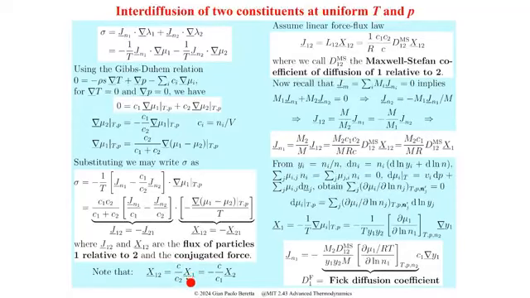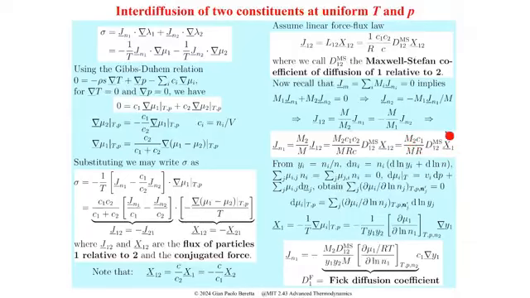X1 is just a gradient in chemical potential of substance 1. So it's this one, minus 1 over T times the gradient of mu1, and that's x1. But you could also define an x2, and these are all related to x12. So by substituting and expressing these in terms of the flux of particles 1 as proportional to the gradient in chemical potential of that particle, you can rewrite it this way.